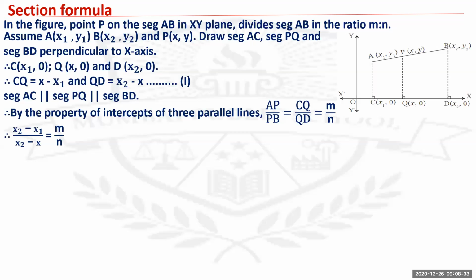Therefore, substituting the values of CQ and QD, you'll get x minus x1 upon x2 minus x equals m upon n. You cross multiply.